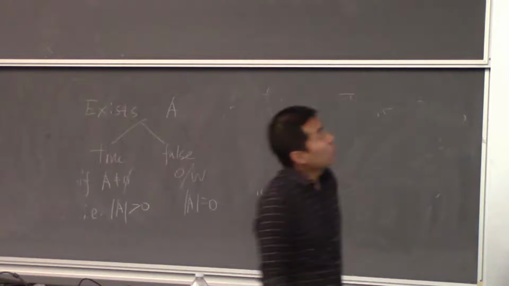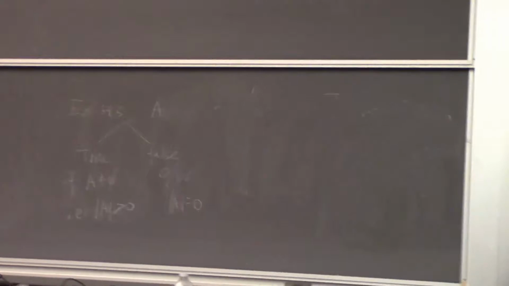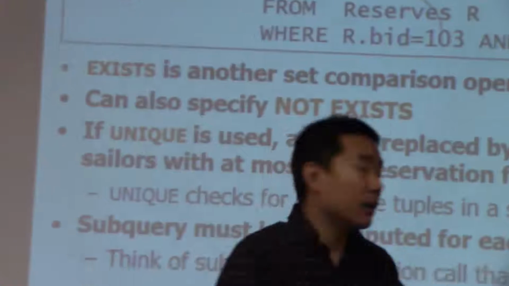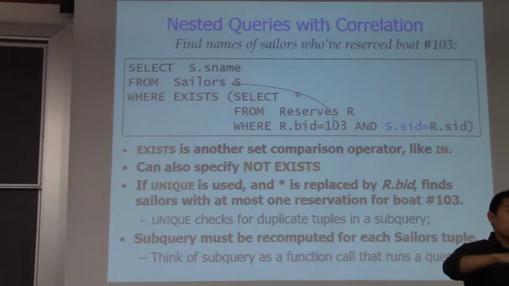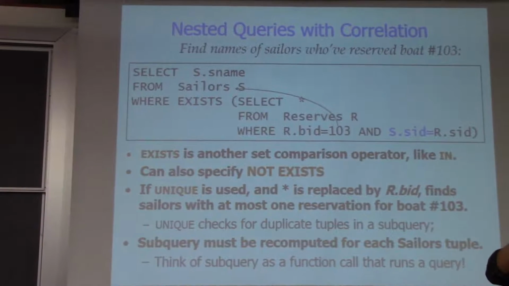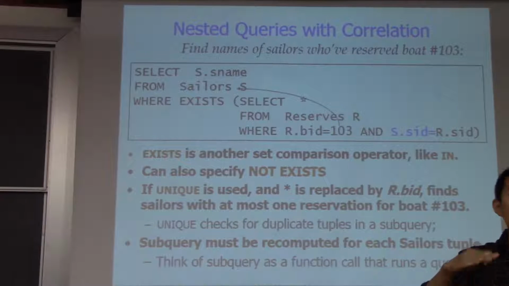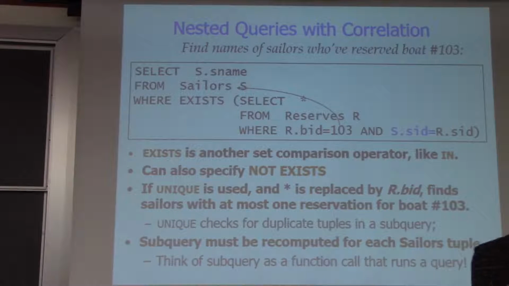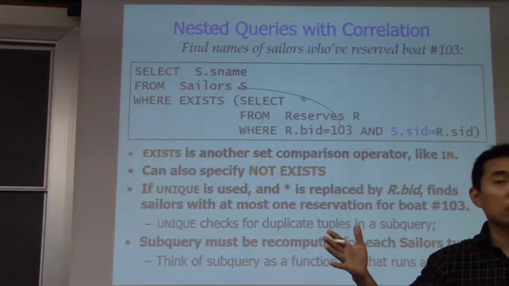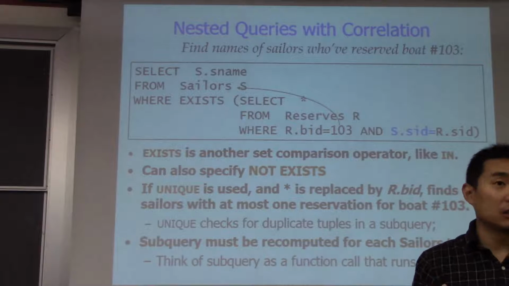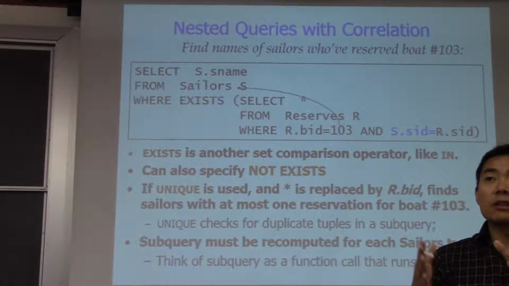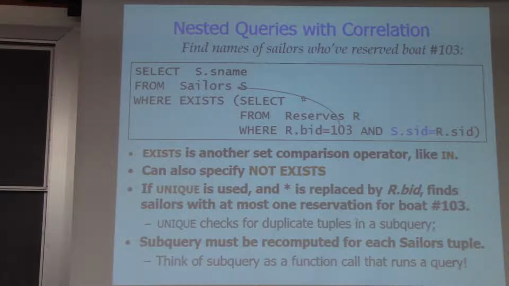So, find the names of sailors who reserved both 1 and 3. This is the same query, but we can write it in a different way now. Again, we iterate through all sailors, so that's a for loop in the outer block. For each sailor, instead of checking whether the sailor ID exists in the set of IDs that reserved 1 and 3, we take the sailor ID of the current sailor and find whether there is any reservation made by the current sailor on 1 and 3 on the fly.